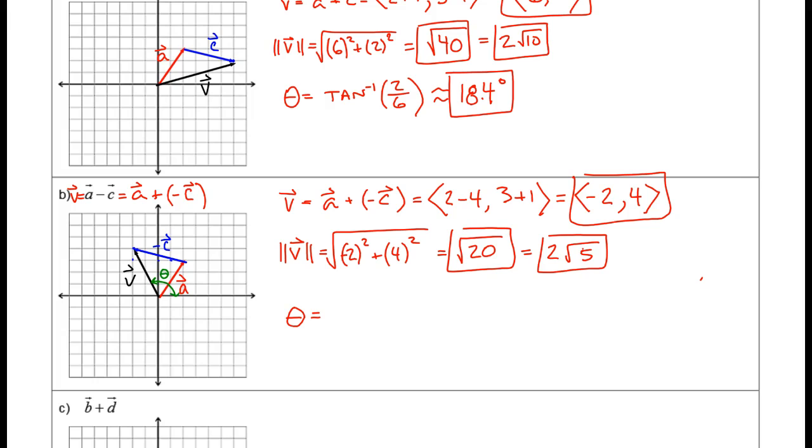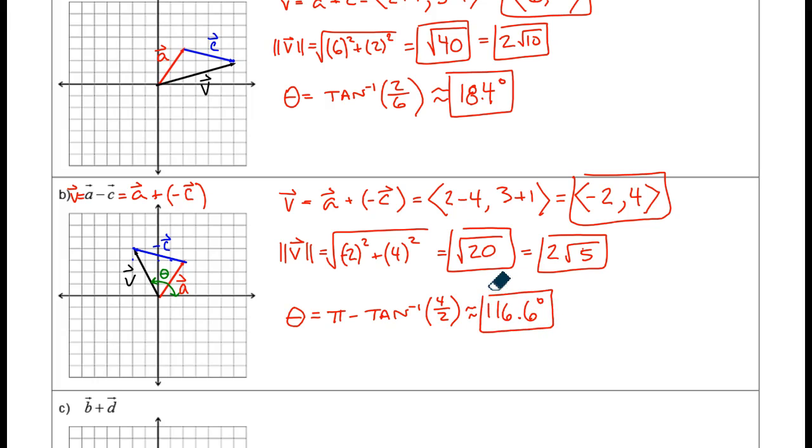And let me show you what that looks like. Pi minus the inverse tangent of the value 4 here divided by the absolute value of this. And that's about equal to 116.6 degrees.